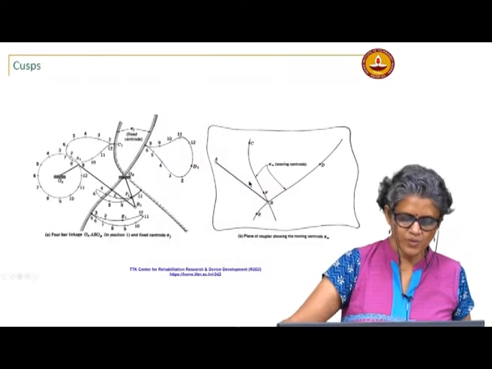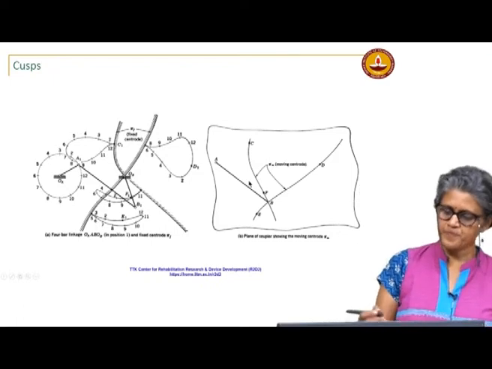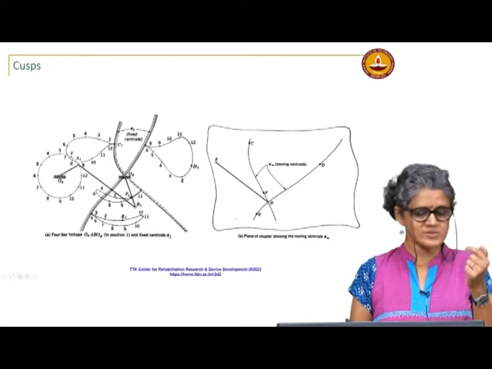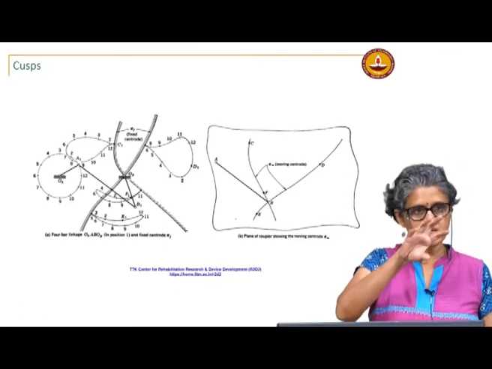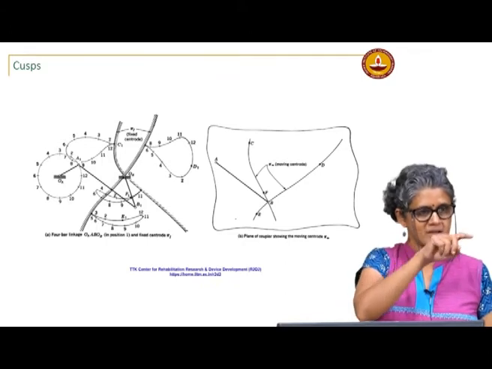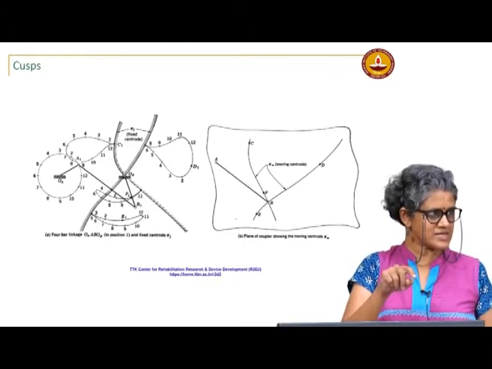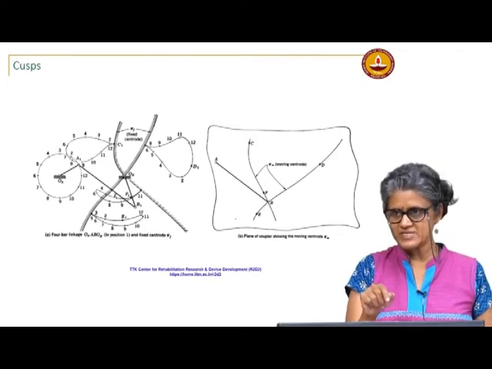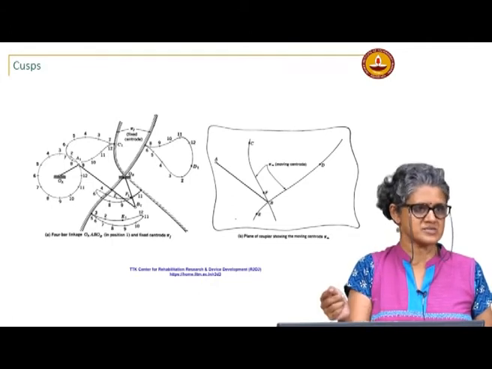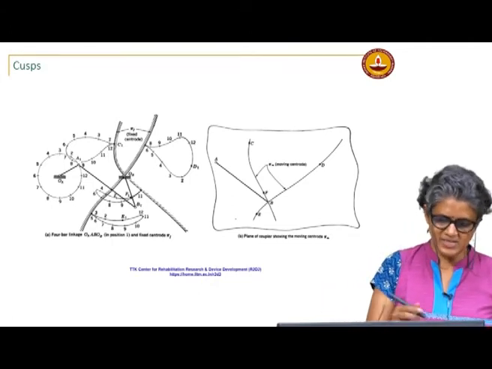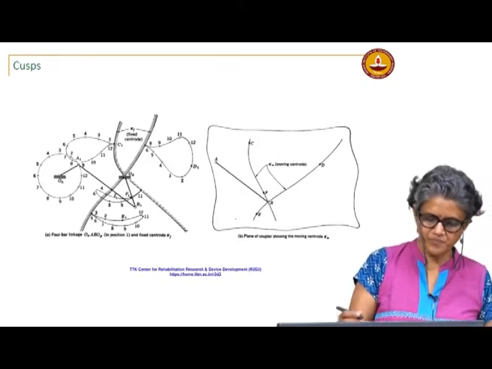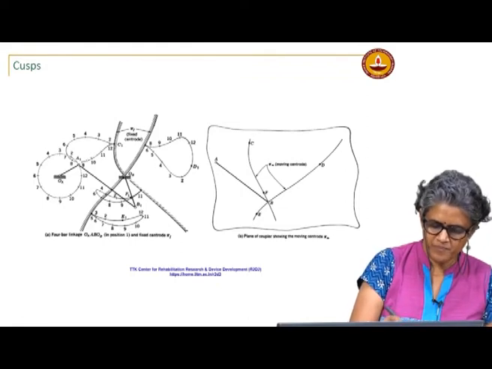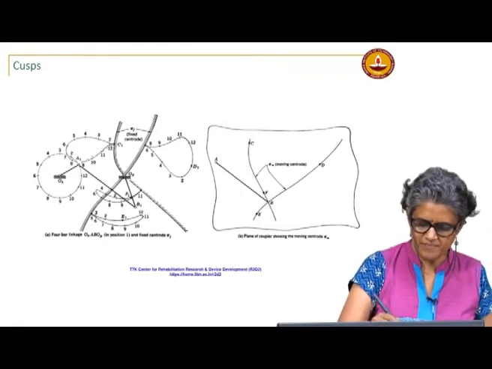So, if you choose points on the moving centroid, it follows, as you saw with the rolling disc, that where the point on the moving centroid contacts the fixed centroid, you have a cusp. So, in this case for instance, this is my position 1, this is my instant center C1.